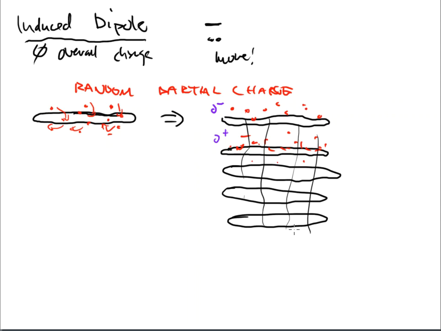And we call this an induced dipole, or induced dipole to induced dipole bond, because we are talking about two molecules that are coming together by random, just because it became lopsided as far as the electron organization went.